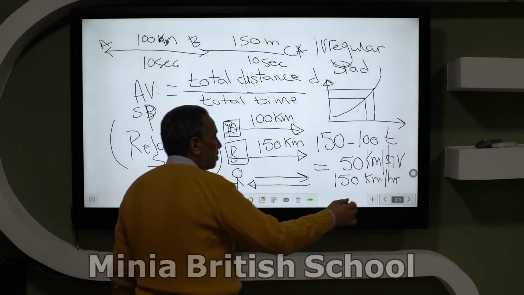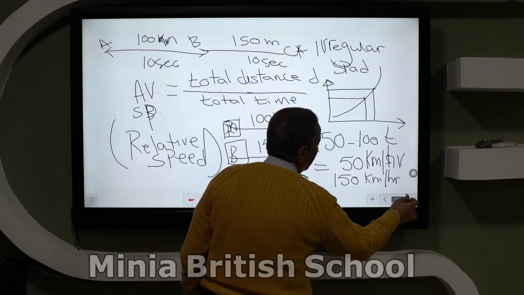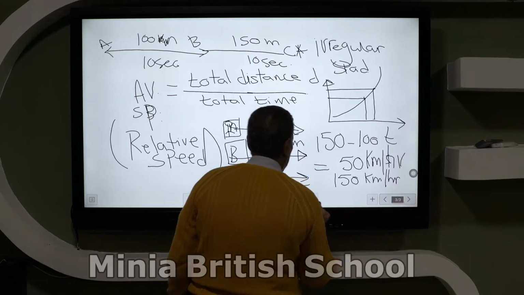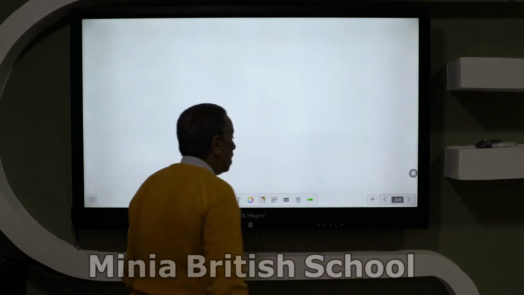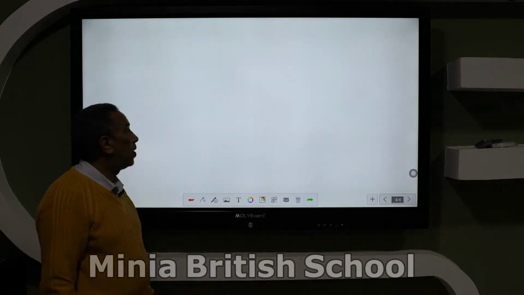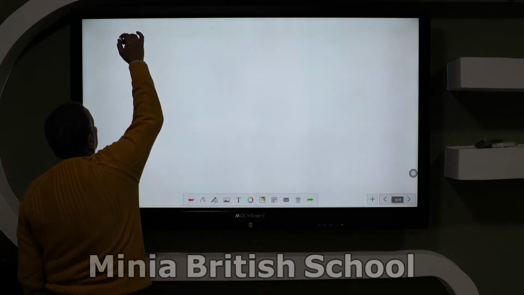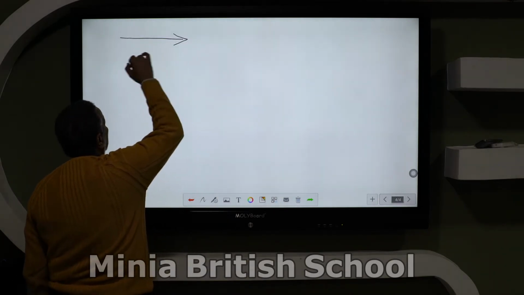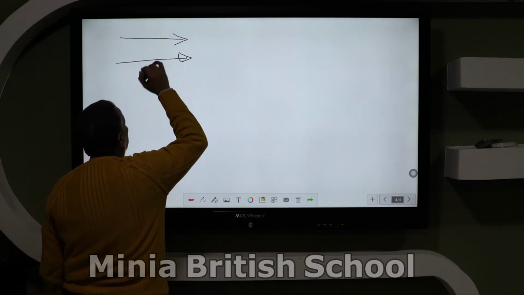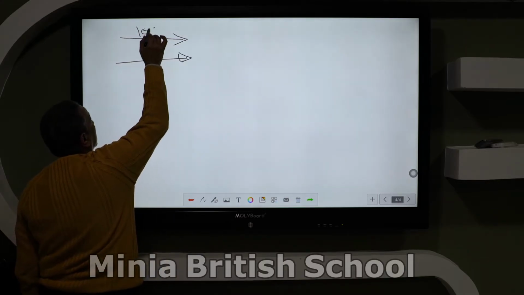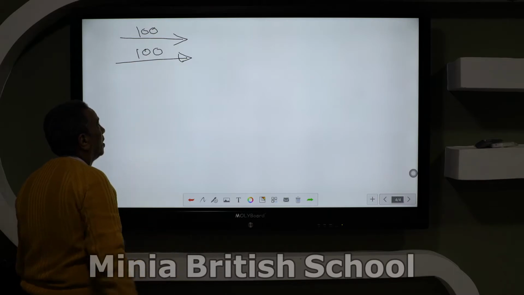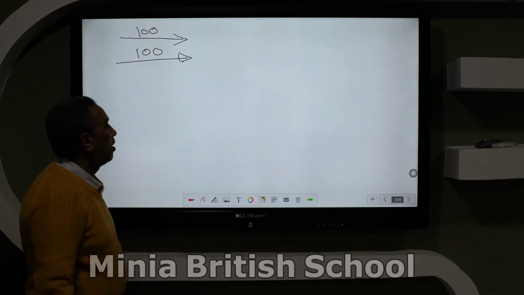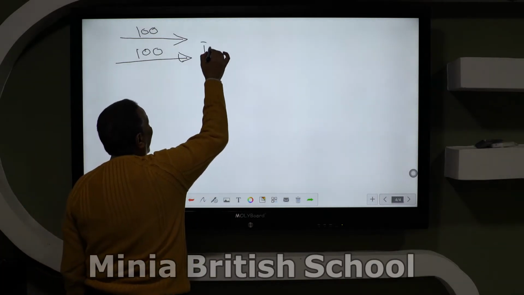The other condition: if the two cars are moving with the same speed, this one 100 and the other one 100, and the observer is in one of them, he will see the other car as if it is at rest.